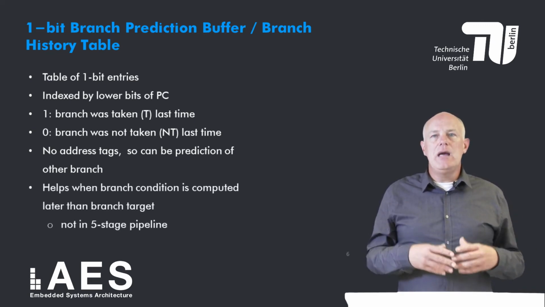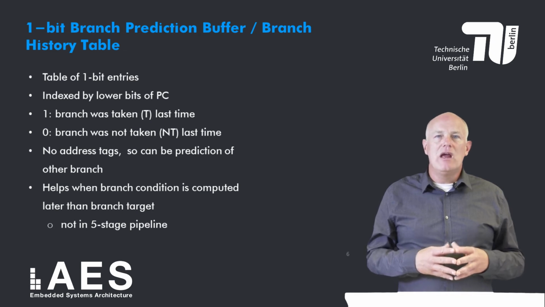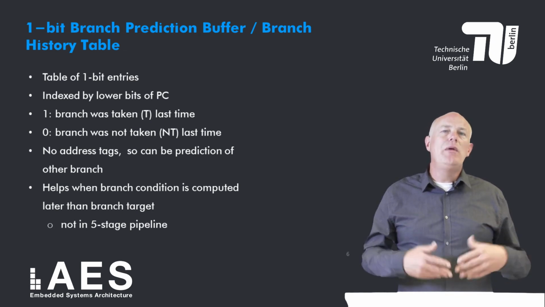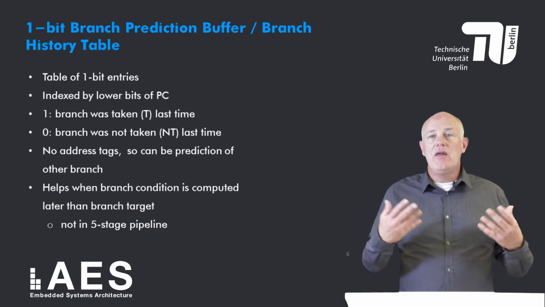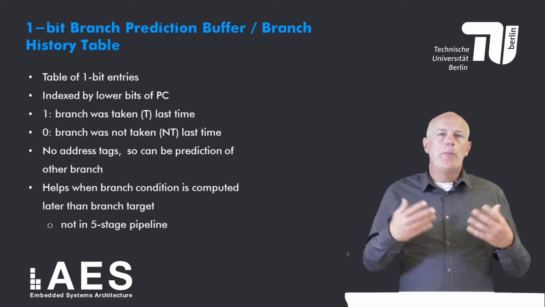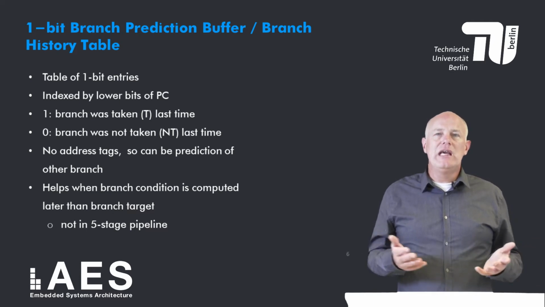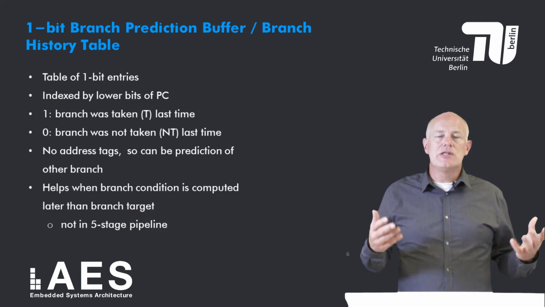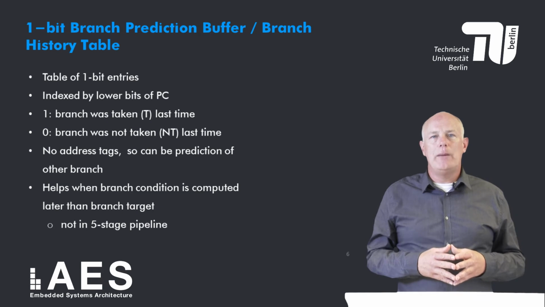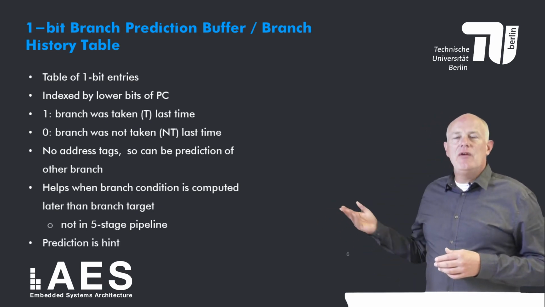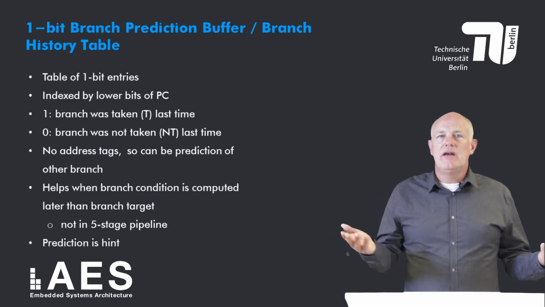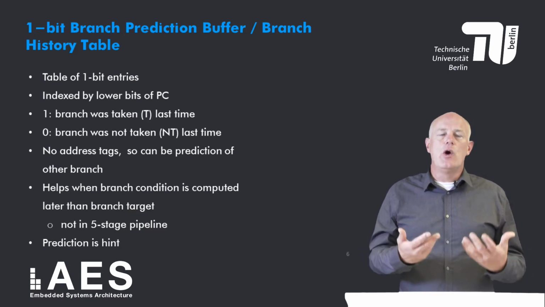Furthermore, this scheme only reduces the branch penalty when the branch target address is known before the branch direction. In the canonical 5-stage pipeline, both the branch target address and the branch direction are computed in the decode stage, so this scheme does not improve the performance of the canonical pipeline. Finally, I remark that the prediction is just a hint. If the prediction is correct, there is no branch penalty.